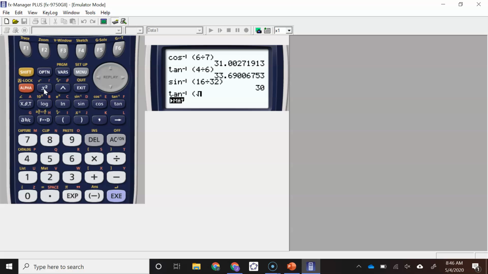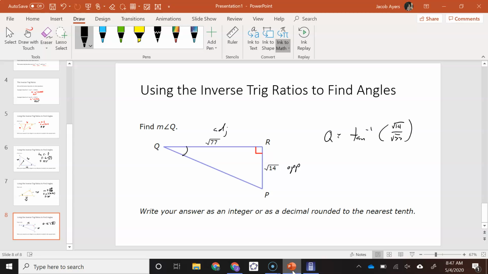There you are, square root of 14 divided by square root 77, and I'll take the inverse tangent of my answer. ANS, make use of that key. So it's 23.1, it looks like.